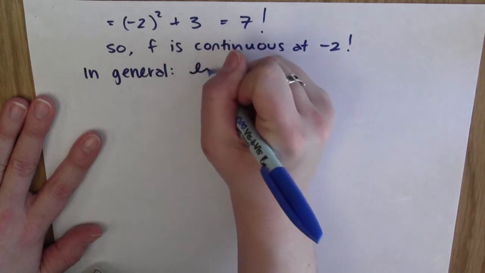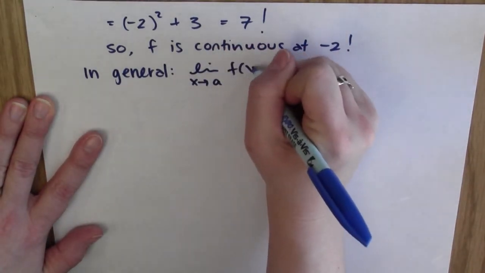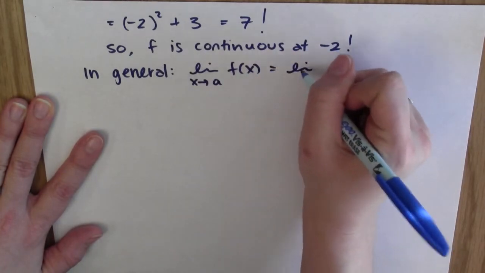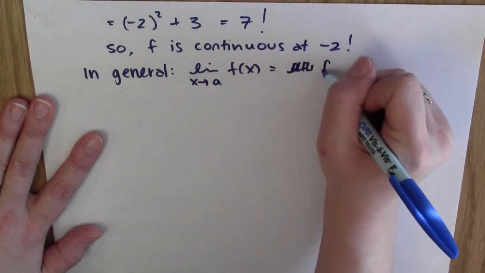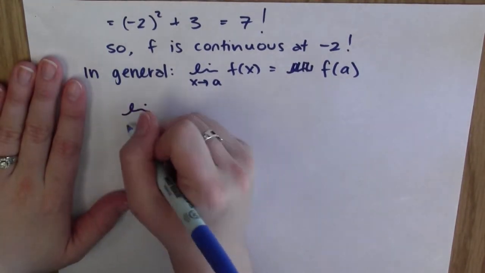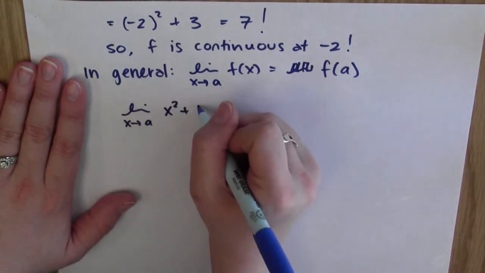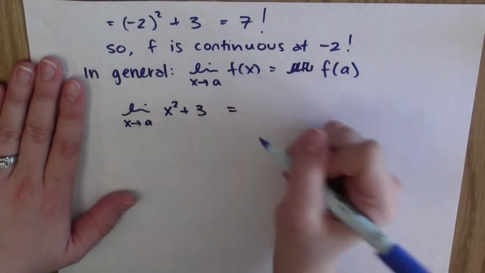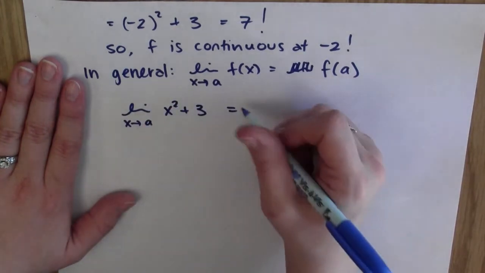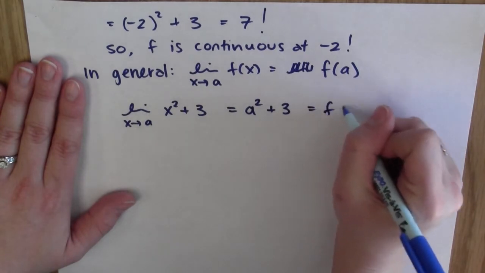Well, I would like to know that the limit as x approaches some value a of f of x is, not the limit, is f applied to a. Well, I have the limit as x approaches a of x squared plus 3 is equal to, since this is a polynomial, a squared plus 3, which is in fact f of a.